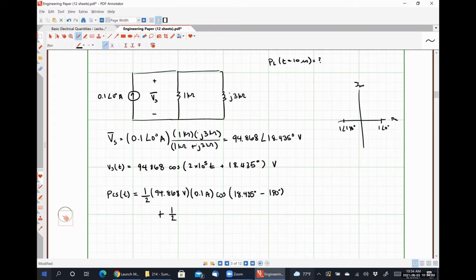That's going to be 1/2 times 94.868 volts times 0.1 amps cosine of twice omega t. That's going to be twice 2 times 10 to the 5 t.